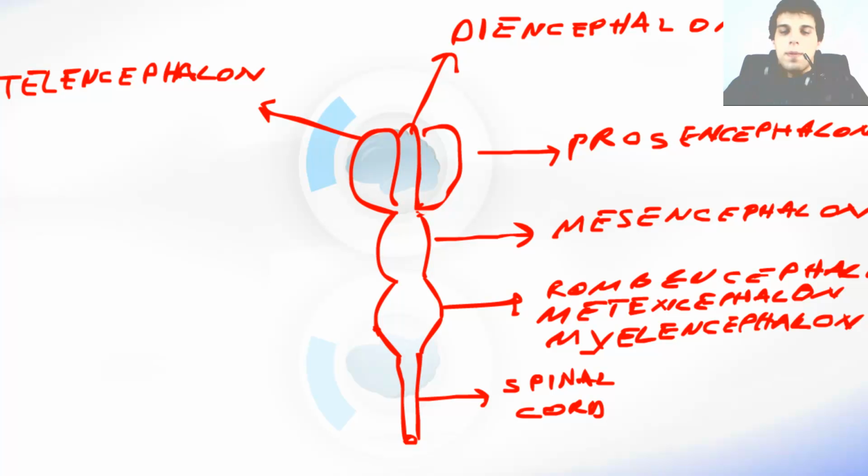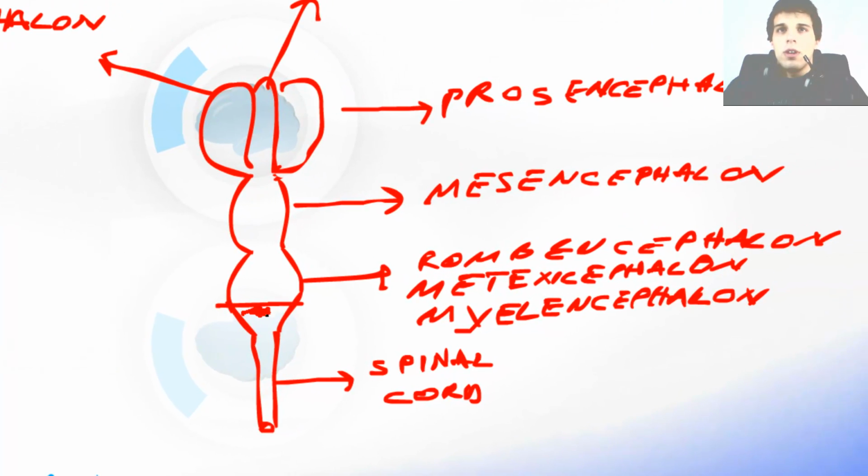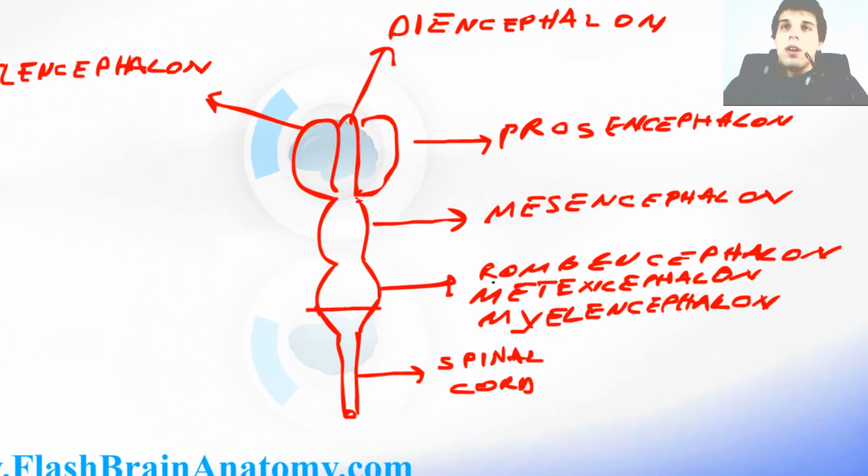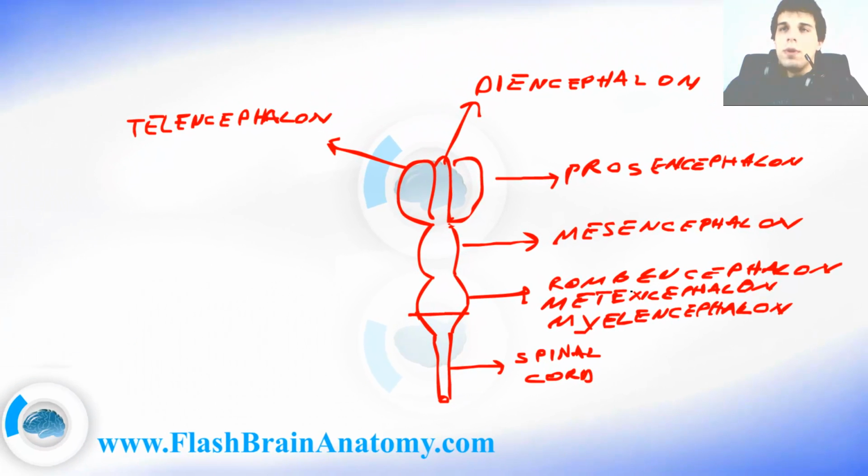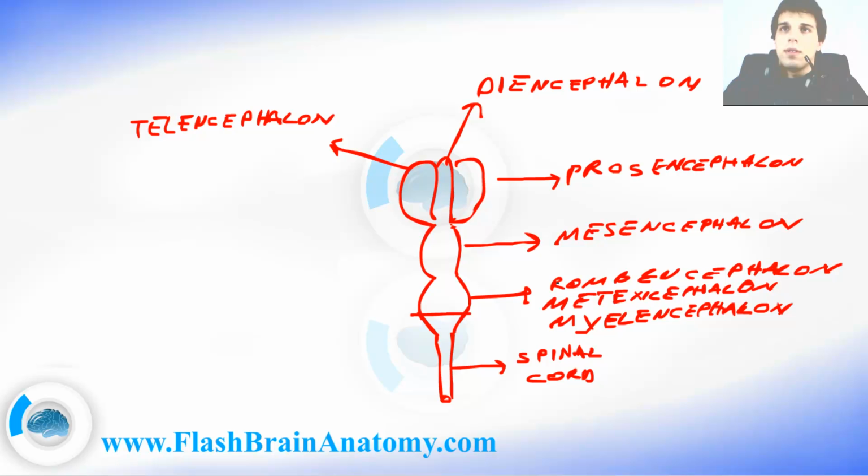But first, I just want to say that from this part over here, the Mesencephalon is created, and from this part over here, the Mesencephalon is created. And as I said, these together form the Mesencephalon.